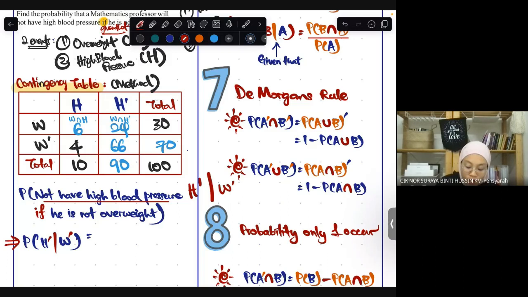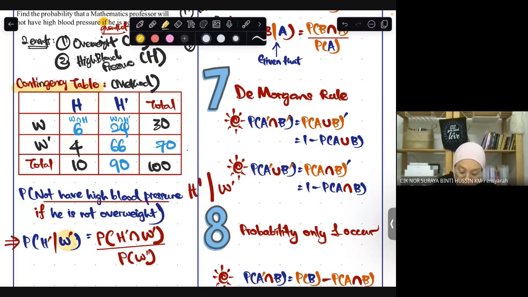Find the probability of not, dikata dia nak cari not having a high blood pressure given that if means given that it's not overweight. Therefore you know the formula of the conditional probability di mana H prime intersect with W prime divided with probability of W prime. Okay, according to the formula of the conditional probability, something yang telah pun terjadi, already happened, must be at the denominator part.